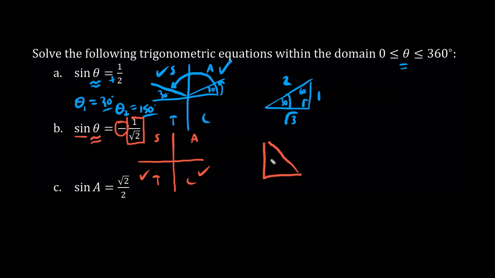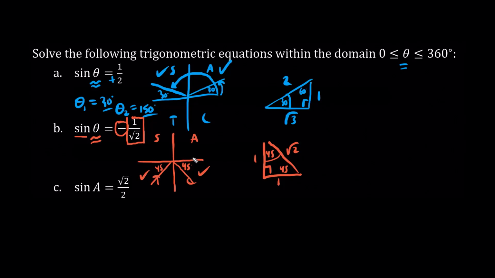It's good to memorize these, but we have 1, 1, root 2 as a very special triangle. And sine 45 is opposite over hypotenuse, which is 1 over root 2. So the reference angle is 45 degrees, which is the angle between the x-axis and the terminal arm. The reference angle must always be positive between 0 and 90.